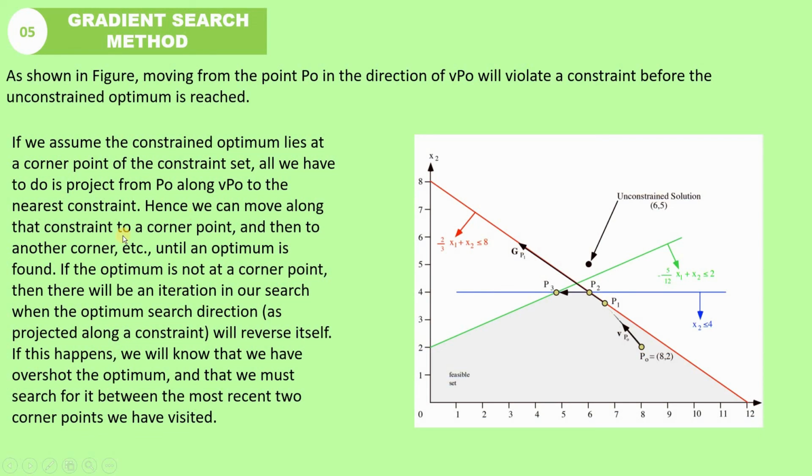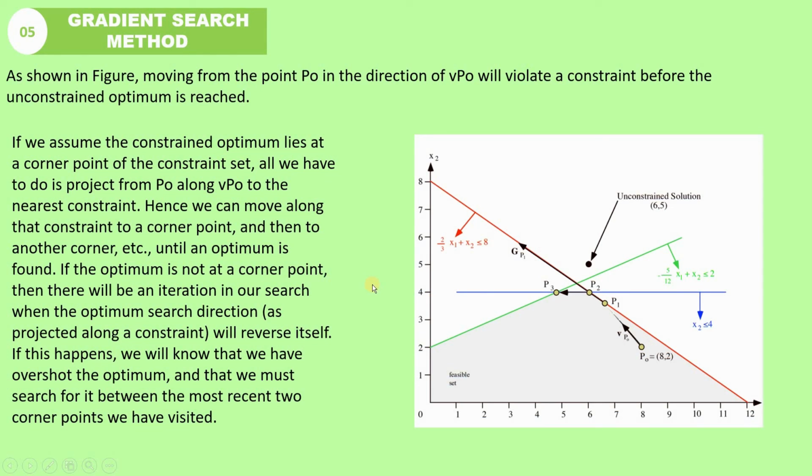And we can move along that constraint to a corner point, then go to another corner. First we go from P0 to P1, then P1 to P2, then P2 to P3, until an optimum is found.